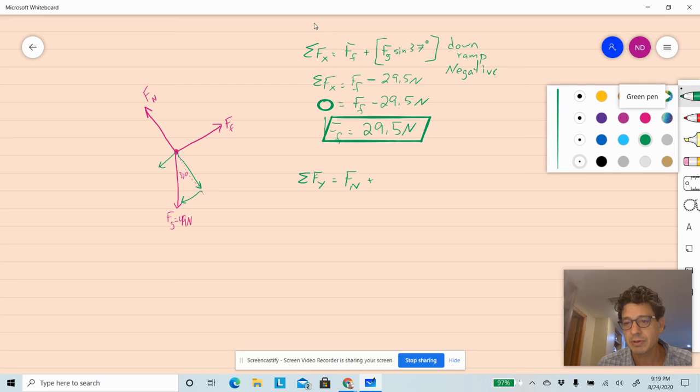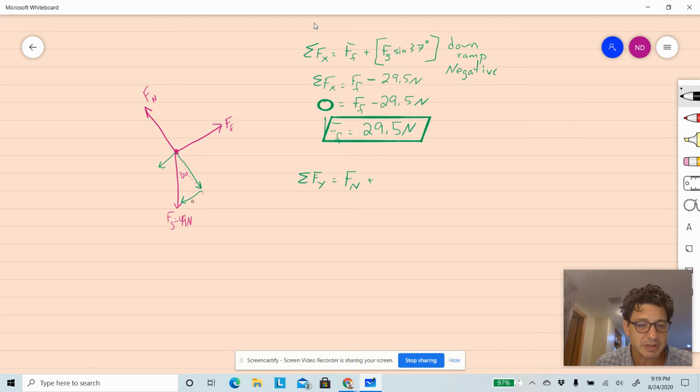Remember your trigonometry. This was the opposite side. Here's the adjacent side. Here's the hypotenuse, and here's our right triangle, right? Hypotenuse, adjacent, opposite. The normal force is going to be equal and opposite to the adjacent side.